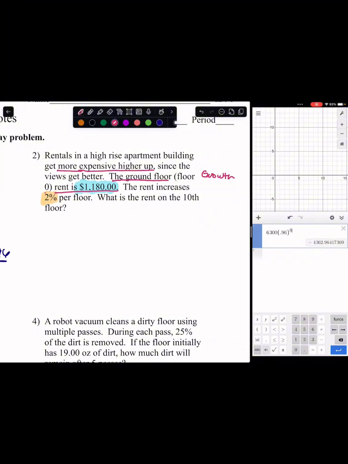Okay, so let's go ahead and write this out. Y equals A(1 plus or minus R)^X. So our A, we started out with 1,180. Then we've got to do 1, and because this is a growth, this will be plus our 2%, which is 0.02. And we want to know the 10th floor, so that's what number is going to go up here: 10.